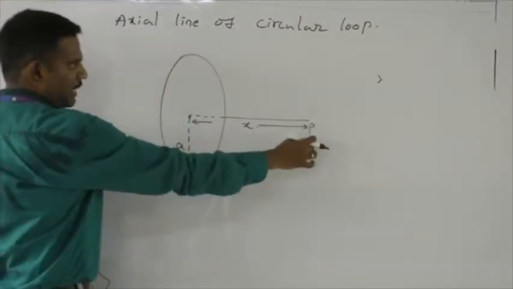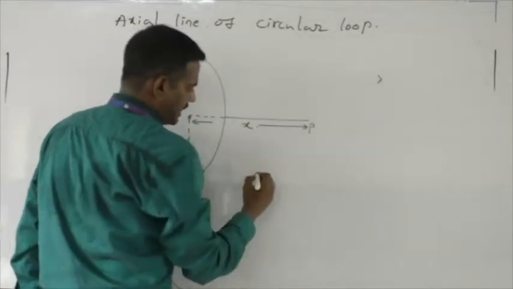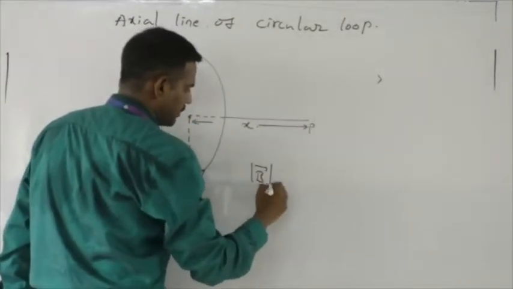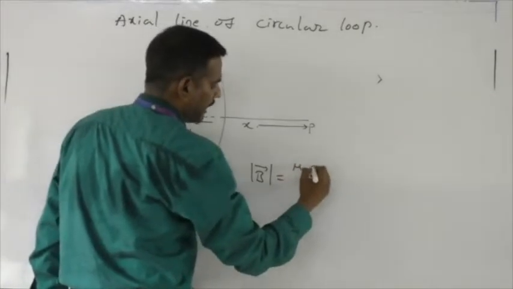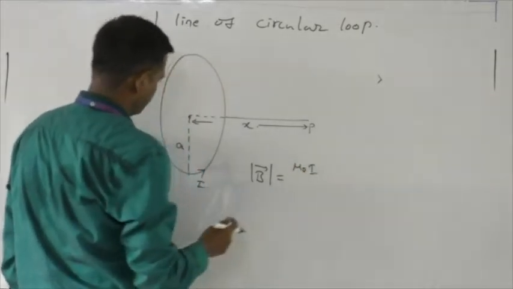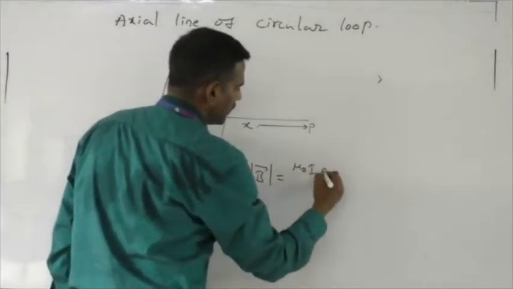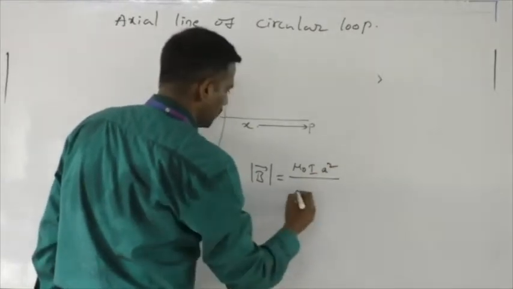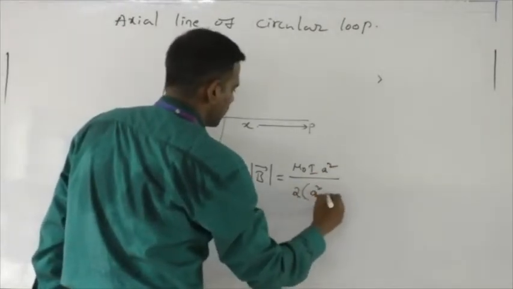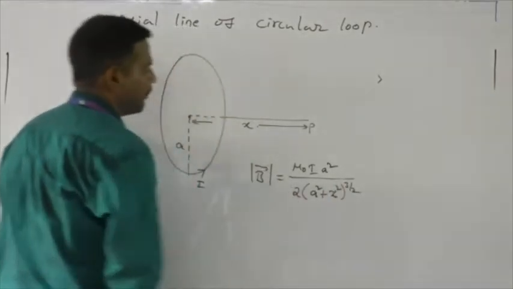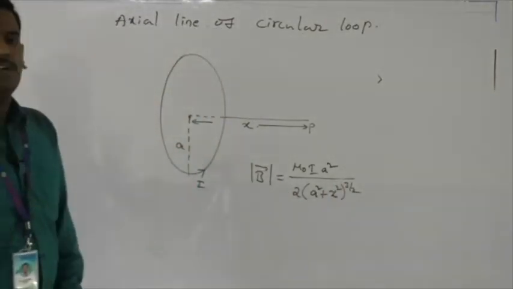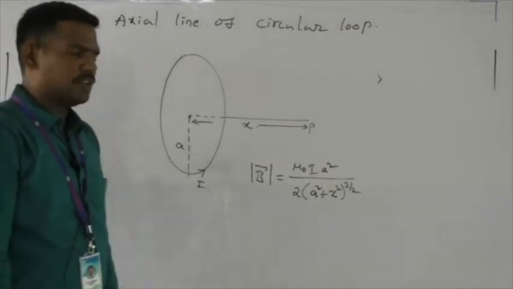At this point the magnetic field intensity magnitude is given by the formula mu naught I a square divided by 2 into (a square plus x square) whole power 3 by 2.